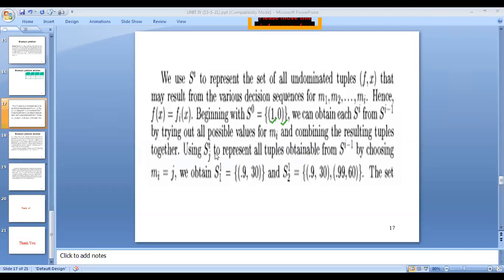So using S_j^i to represent all tuples obtainable from S^(i-1), by choosing m_i equal to j we obtain S_1^1.